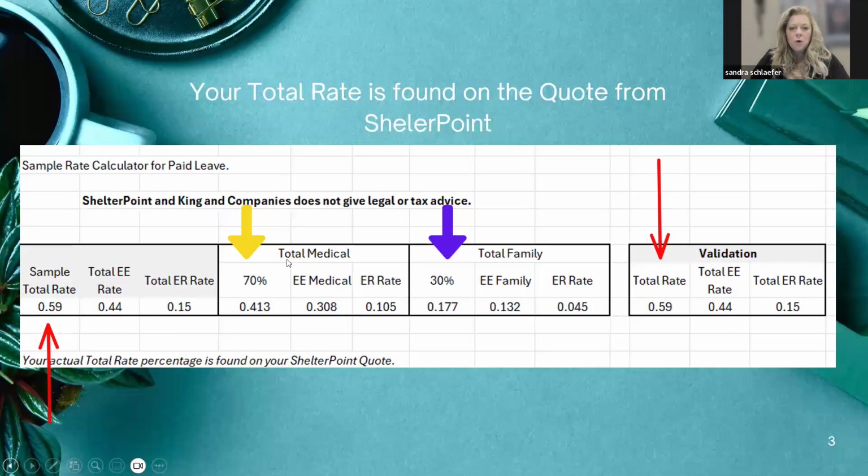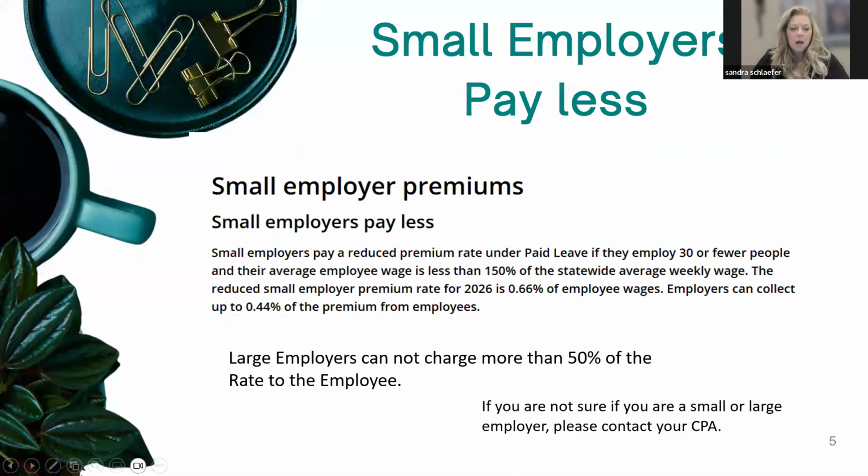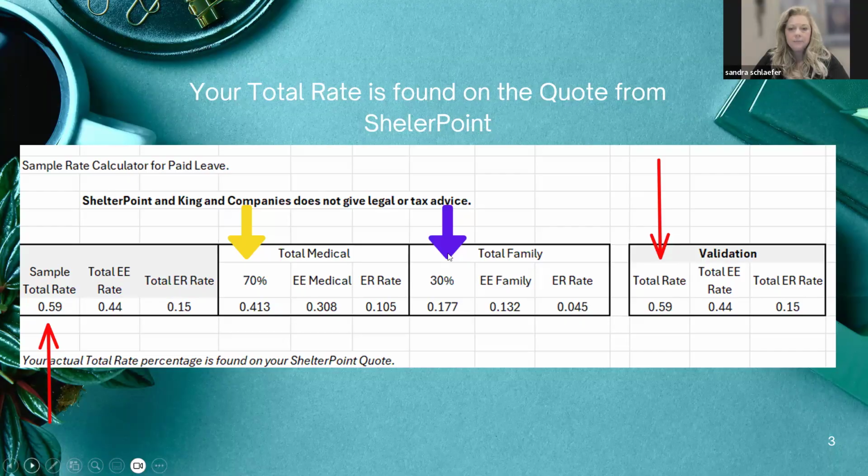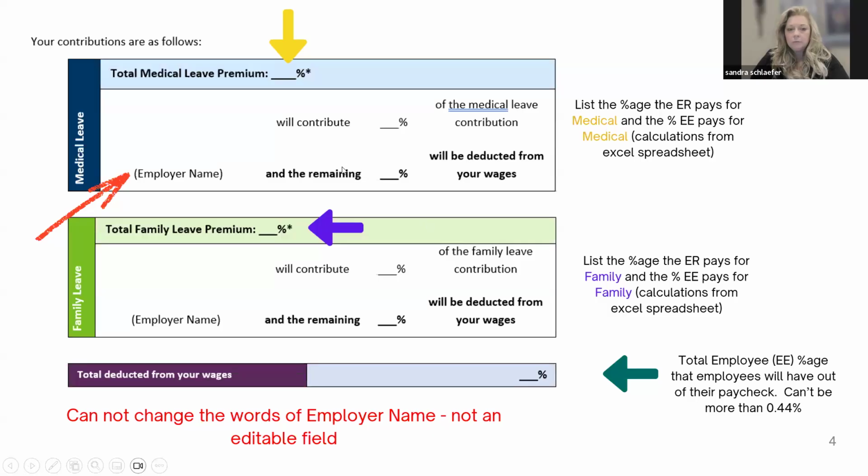The employer is 0.105 or whatever your number is, because this is based upon this quote rate of 0.59. So you would be entering it there, and this employee portion is what comes out of that employee's paycheck, and you'd be listing that right here.